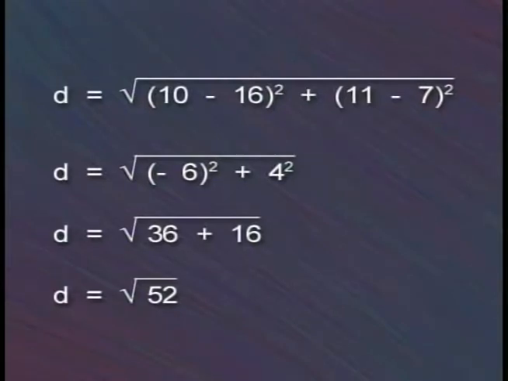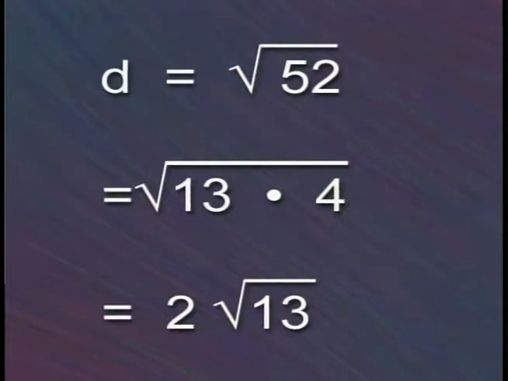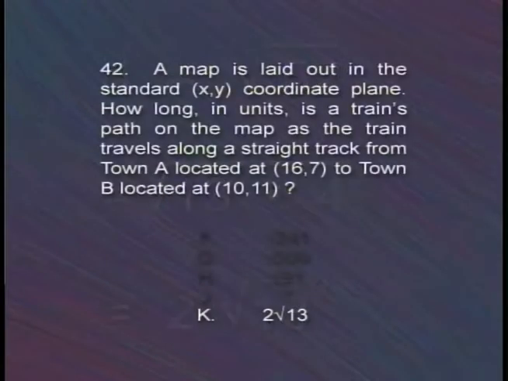The square difference between the y coordinates is 11 minus 7 squared, or 16. The distance is the square root of 52. If we break 52 into the factors 4 times 13, then the square root of 4 can be factored from the expression. The final answer for the distance is 2 times the square root of 13, or answer K.